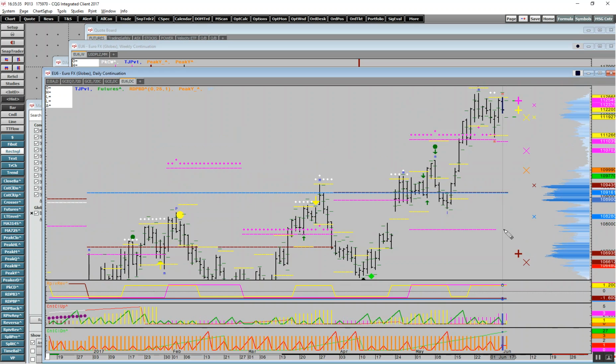From a daily perspective, if we were to start closing back under here, what's that level there? Yeah, back under this sort of 1.088 level from the daily timing, then that could open up lower.